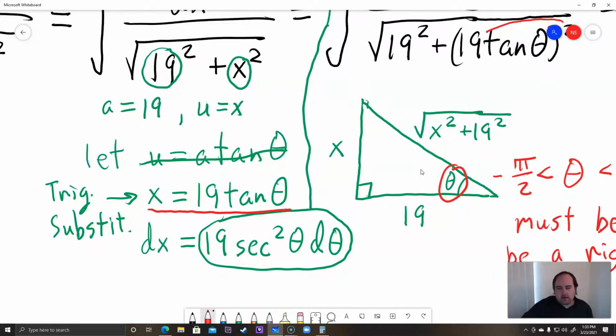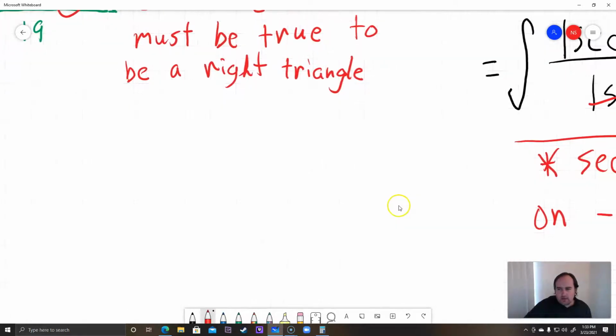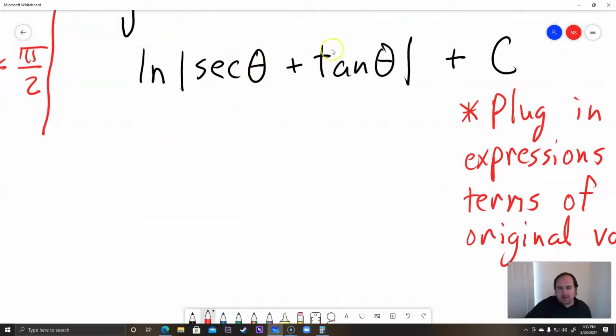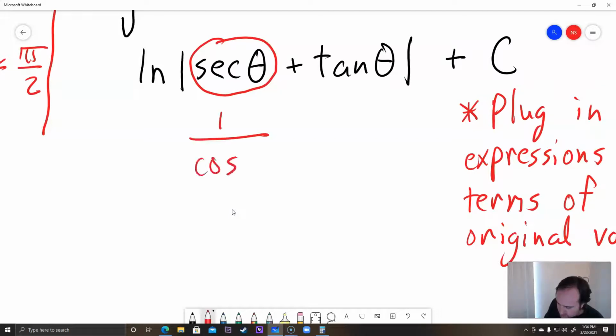And now here's the tricky part. We have to replace secant of theta and tangent of theta with expressions in terms of x. And this is an example of why the right triangle that I sketched can be really nice. If we look at secant of theta, that's going to be 1 over cosine of theta.